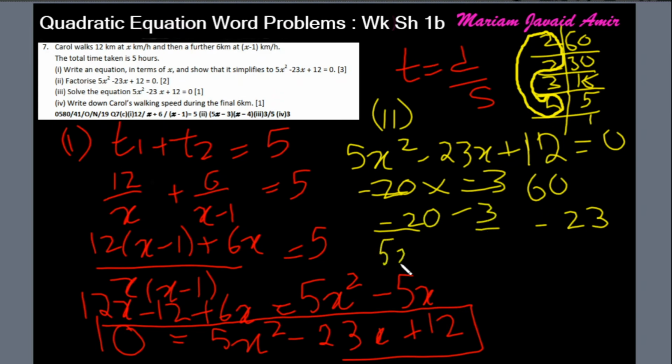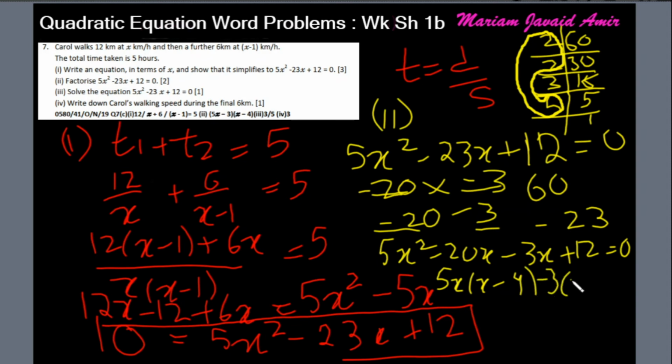So 5x squared minus 20x minus 3x plus 12 equals 0. 5x is common, we get x minus 4. Then minus 3 is common and we get x minus 4 equals 0. And we're getting x equals 4 and x equals 3 over 5.